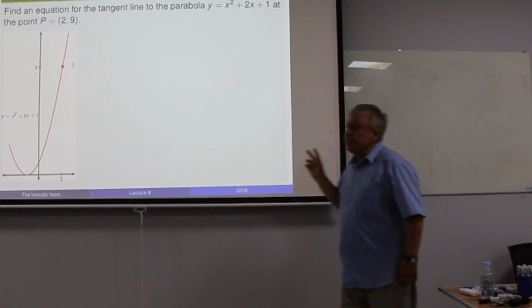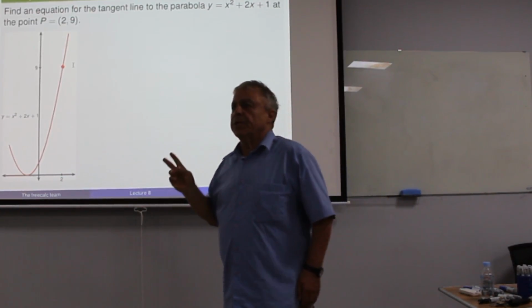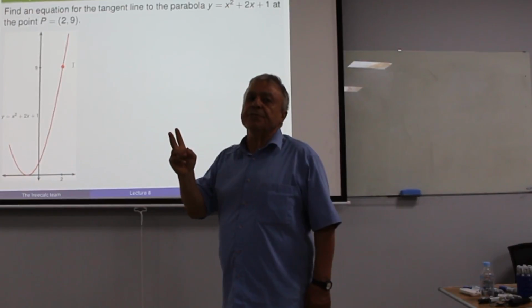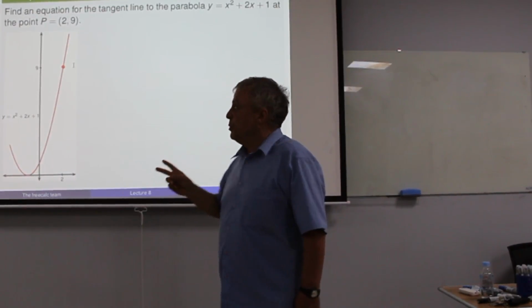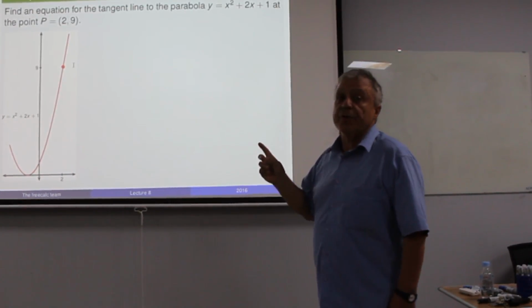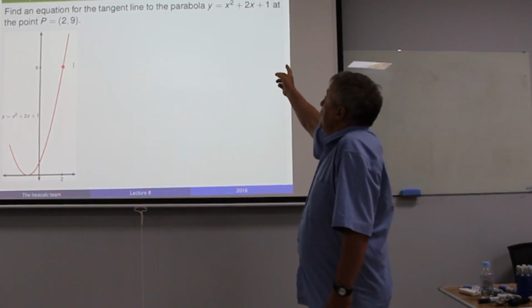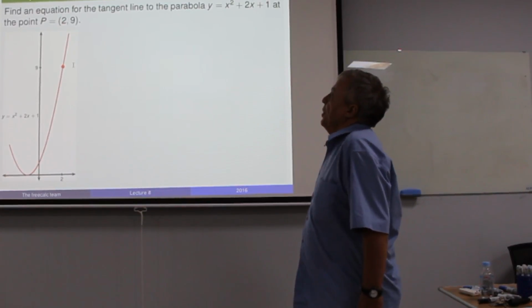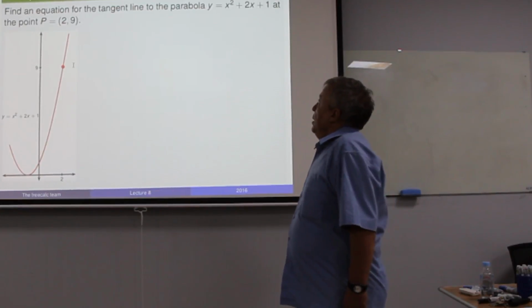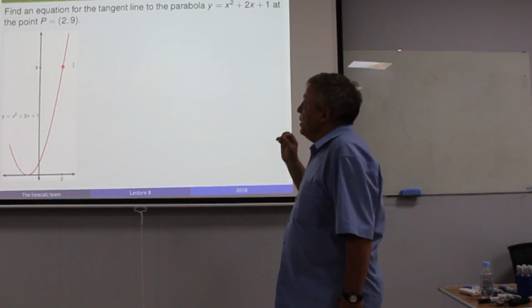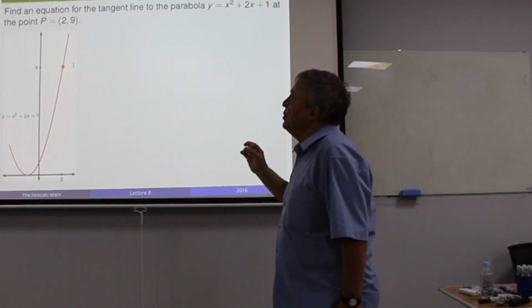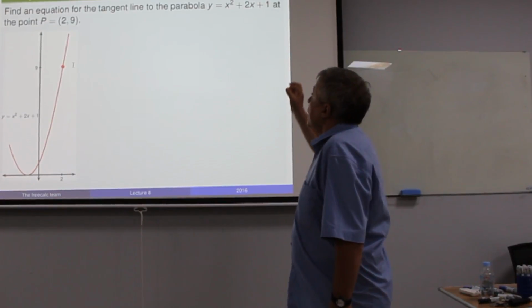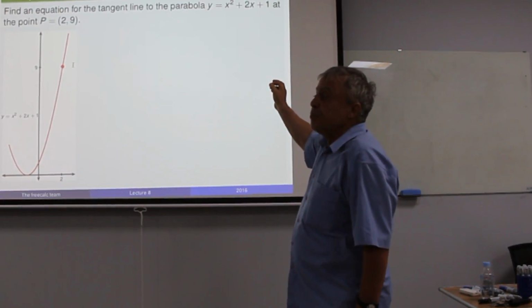So we're doing something several times already. We did it with the function x squared, we did it with the function 3 over x, and now the function is a little bit more complicated. The first thing is, let's check that the point 2, 9 lies on this plot.